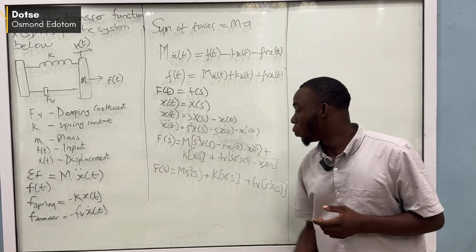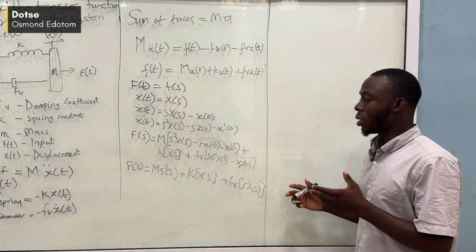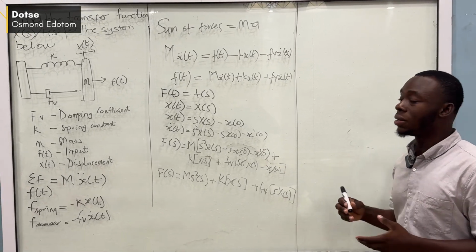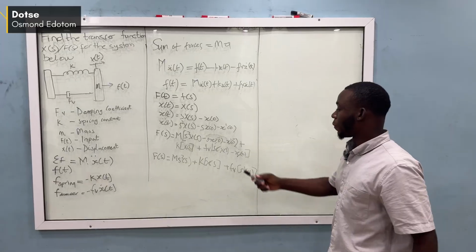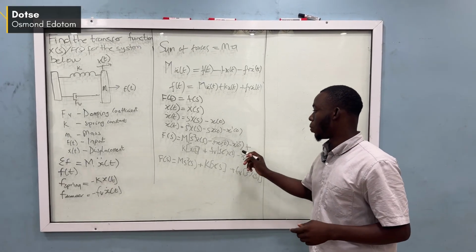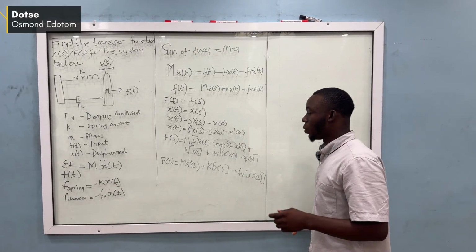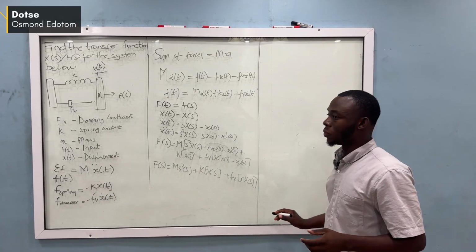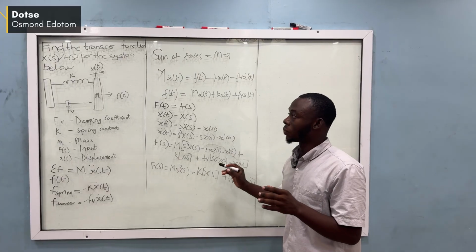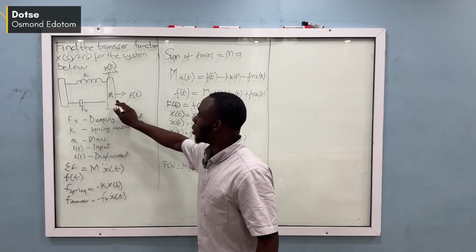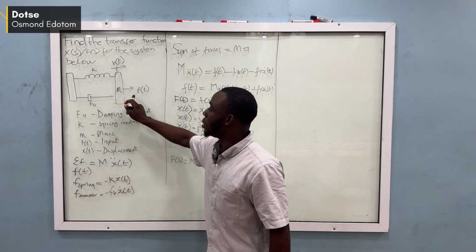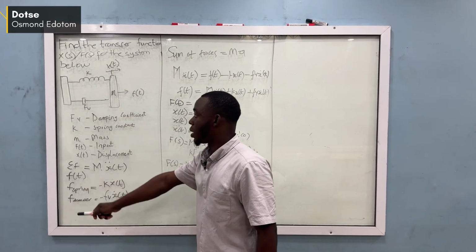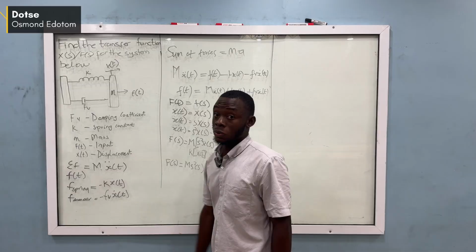So we set the initial conditions to 0, and by doing so we eliminate any internal energy in the system. After that, this equation tells us that our input gives us a direct output. If we didn't do that, we'd find that the mass was already moving and the spring was already compressed, and that wouldn't give us the desired output.